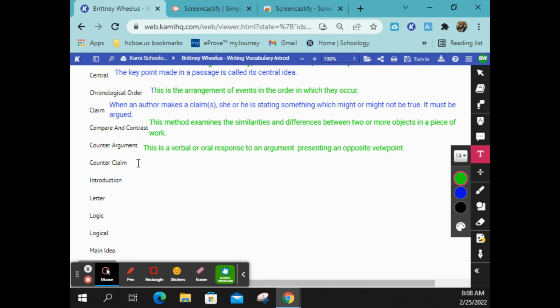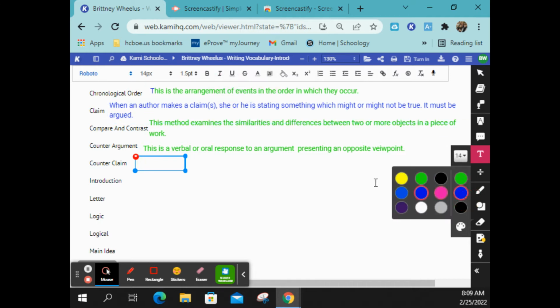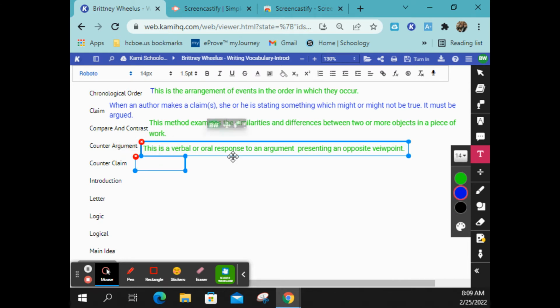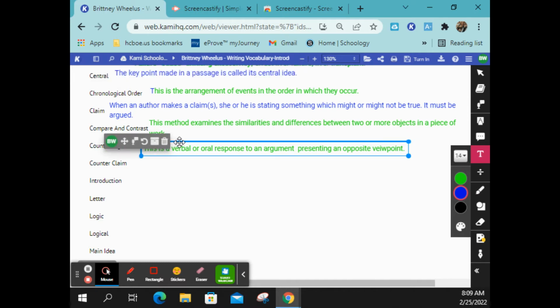I can write this way faster than I can type it. Counterclaim. This is a verbal or... I messed up. You slow down just a little bit.